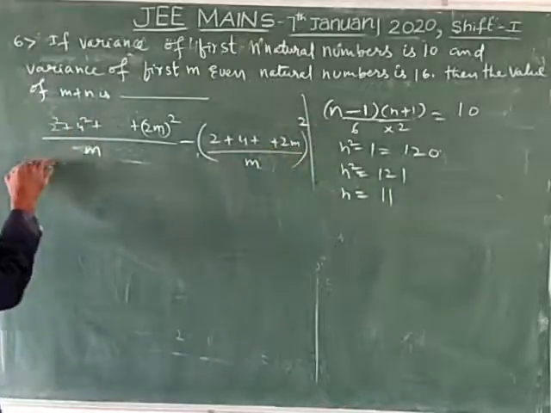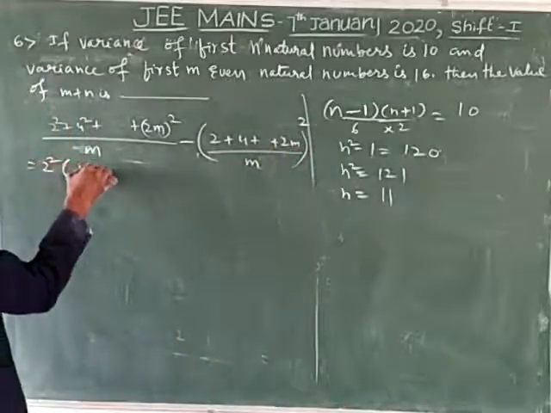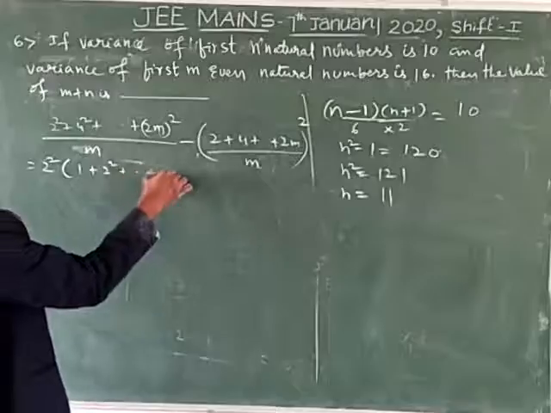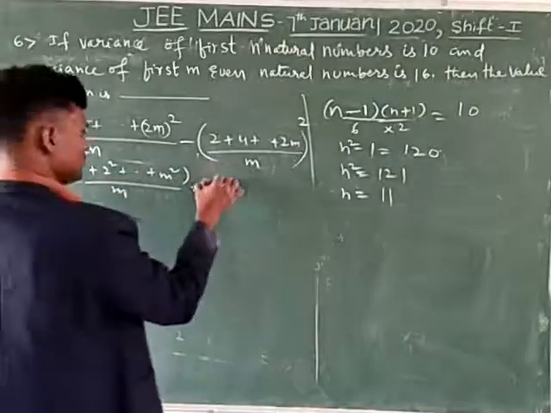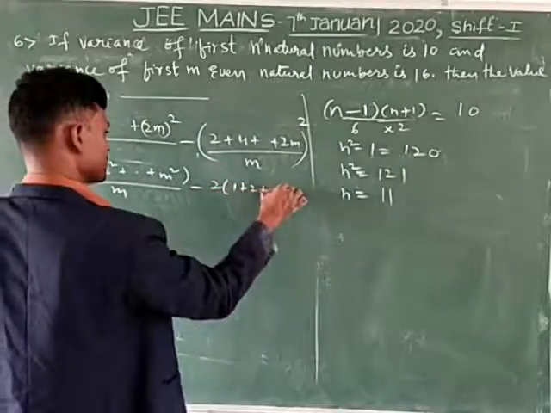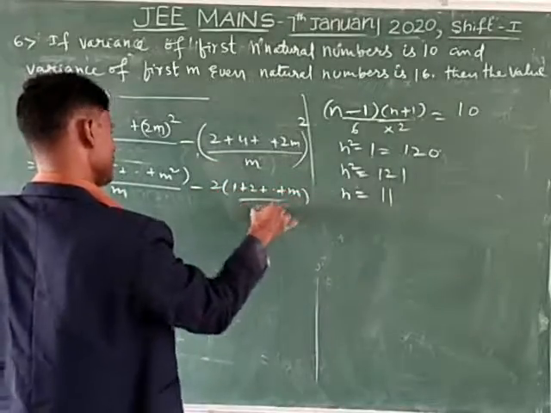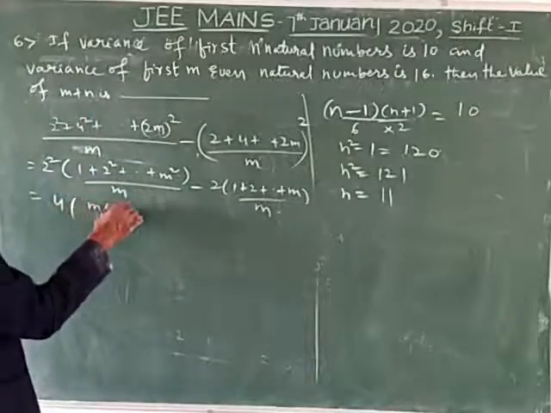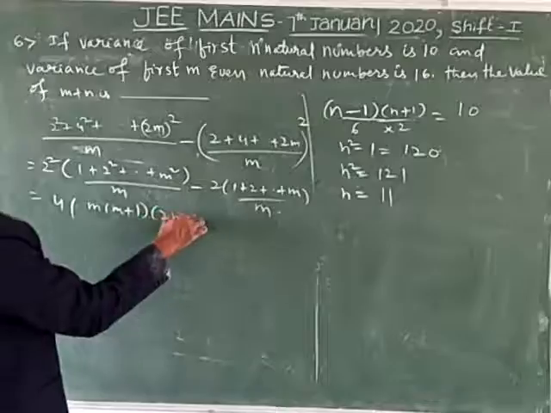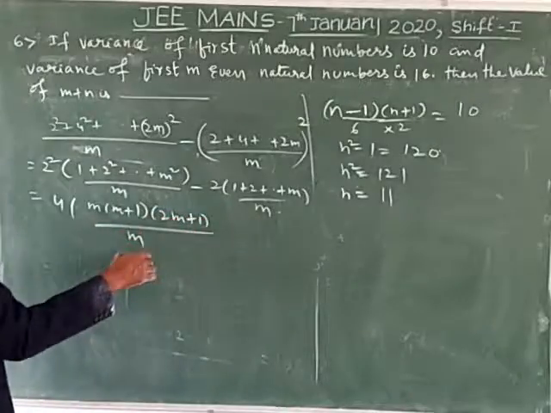Now here 2 squared you have to take common, meaning (1 plus 2 squared plus up to m squared) by m. Now here 2 common, meaning (1 plus 2 plus up to m) by m. Now 4 into m into (m plus 1) into (2m plus 1) by m.